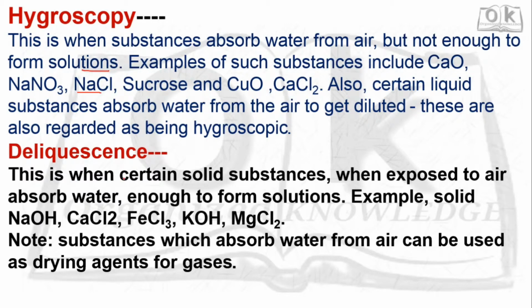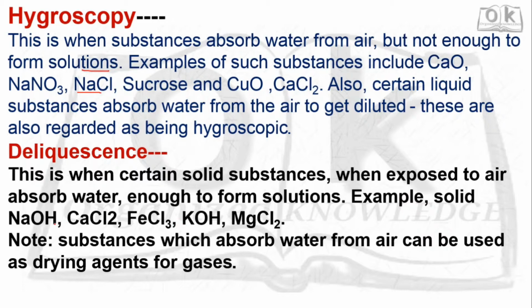Next type of property is deliquescence. And what will happen here, as you all know about hygroscopy, that some salts absorb water from moisture, but there are certain solid substances that when exposed to air absorb enough water to form solutions, यानी complete dissolve हो जाते हैं और solutions prepare हो जाता है. For example, sodium hydroxide.